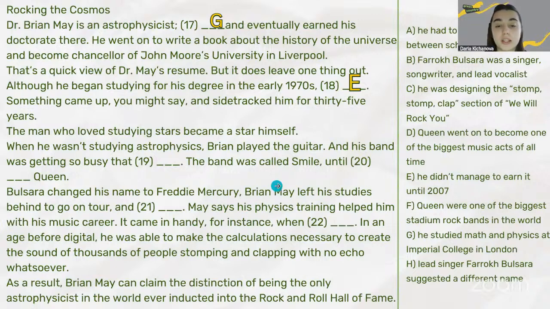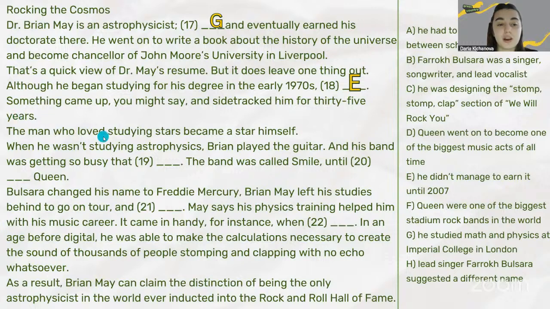Now we can see that he began studying, but we need to have some contrast. So the main contrast is that he didn't finish studying for this degree. Okay, good job. Your answers are correct. Good.